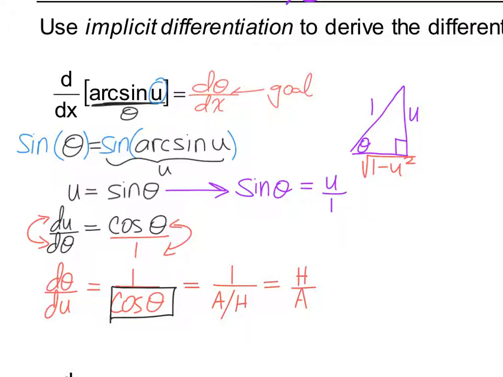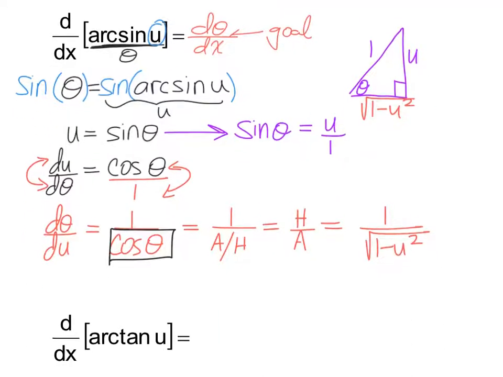Before, when I was saying I could take my 1 over cosine theta and make it into secant, I could do that, but it all comes out in the wash anyway, because the ratio h over a is the ratio for secant. So you can grab it either way. My hypotenuse, which is 1, would be over my adjacent, the root of 1 minus u squared. All right, so almost there.